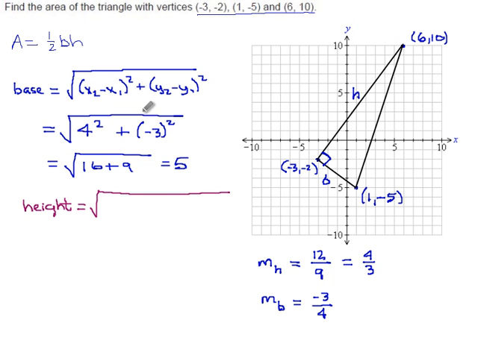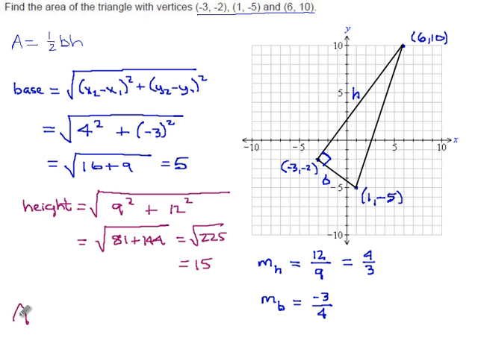The height is going to be the square root of, same thing again, from this corner to this corner. For x's, we have 6 minus -3. And for y's, we have 10 minus -2. That's the square root of 9 squared, which is 81, plus 12 squared, which is 144. Add those up, you get the square root of 225, which is 15.